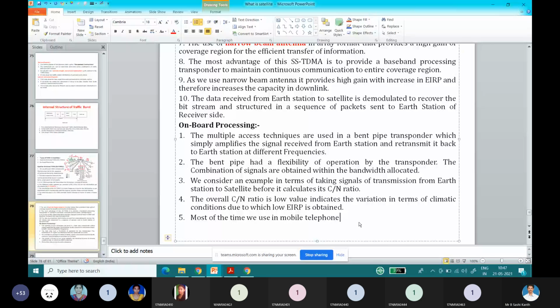It provides better antenna gain and beam width of the information.